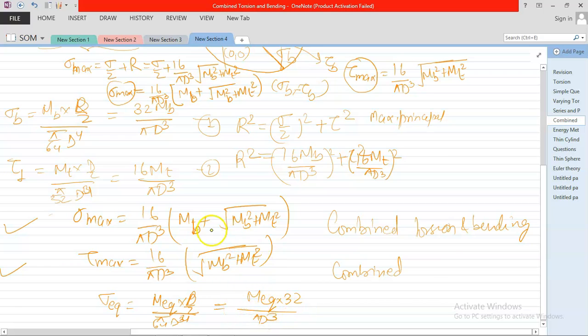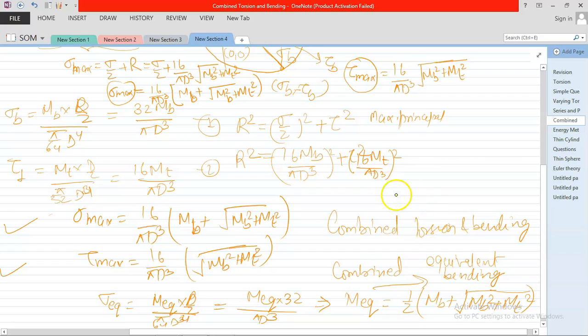So if you substitute your sigma equivalent in place of sigma max, then you will get M equivalent is equal to 1 by 2 Mb plus under root Mb square plus Mt square. So this is your equivalent bending moment when you apply combined torsion and bending.